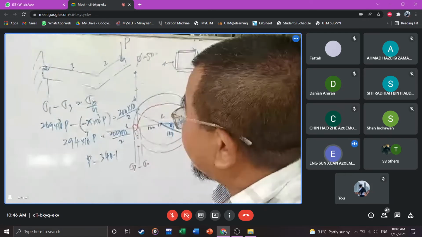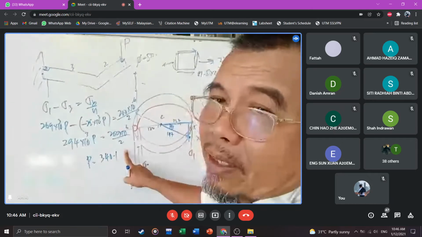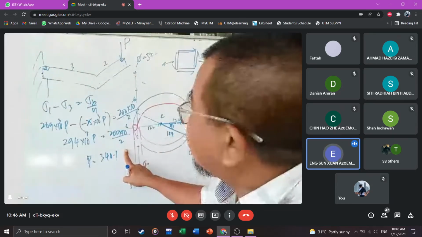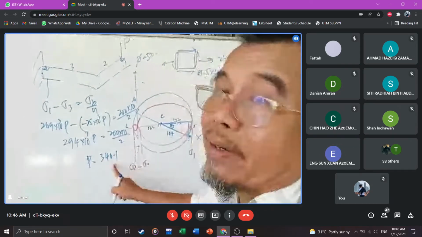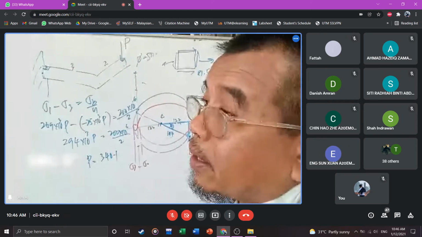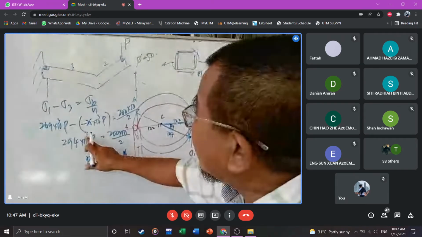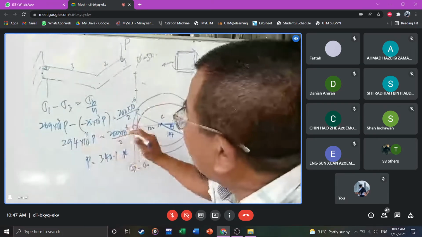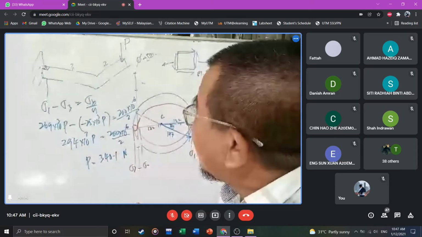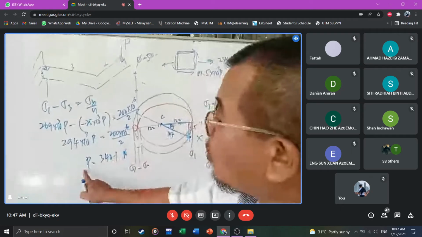No power something. So this means what? Newton. Okay? Because this is exactly the power, to the power 6 there, and then the value is 340. So the load must be in Newton.